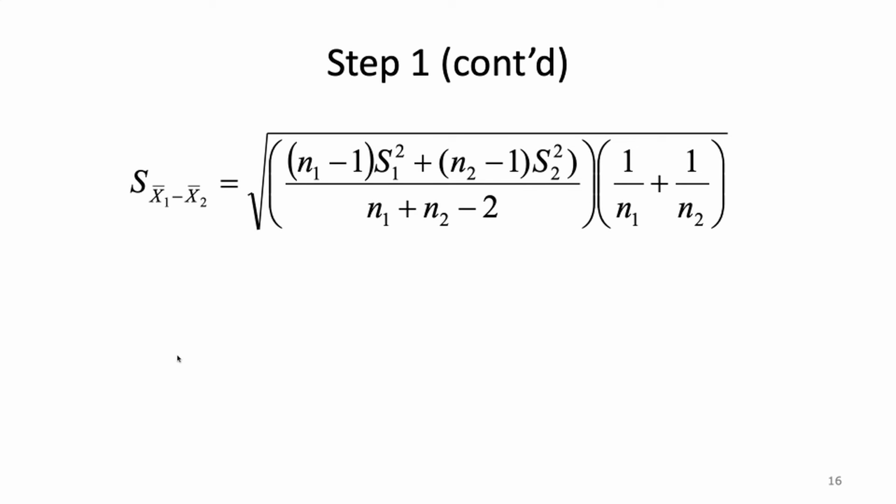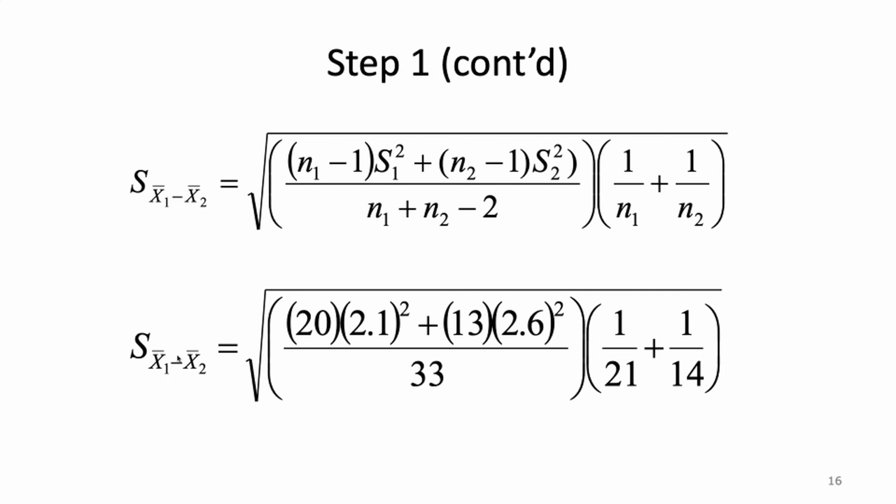So here's that formula again, and now we're going to plug and chug. All right. The sample size for the managers is 21. N sub 1 minus 1 is 20 down here in the lower formula. The standard deviation for the managers is 2.1, so s squared is 2.1 squared.